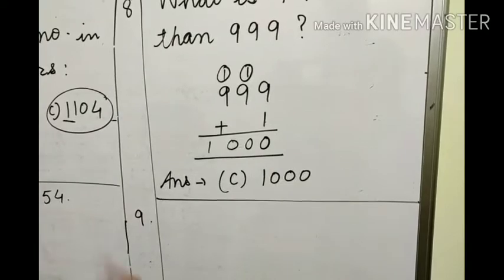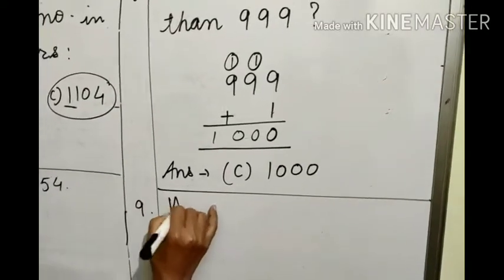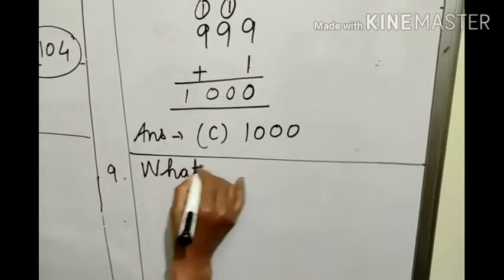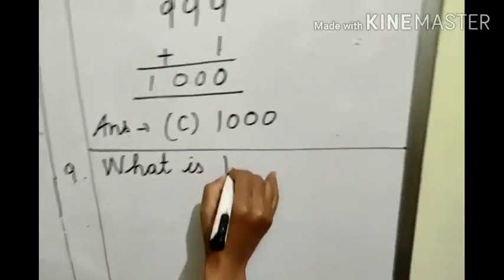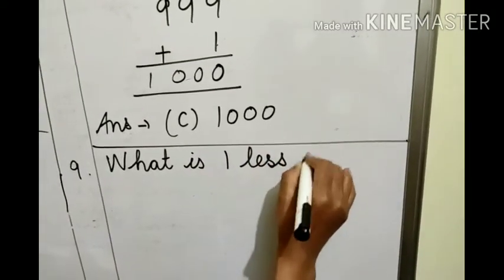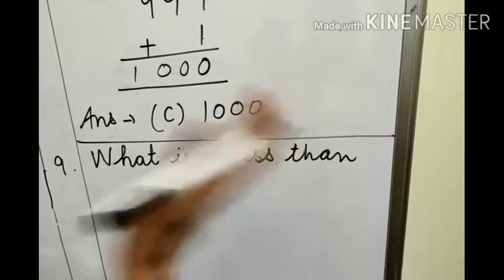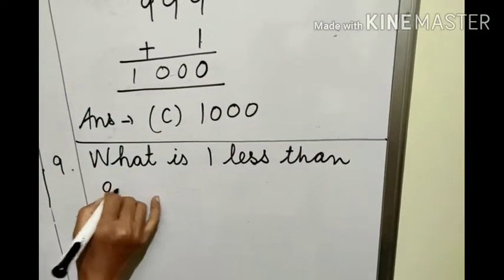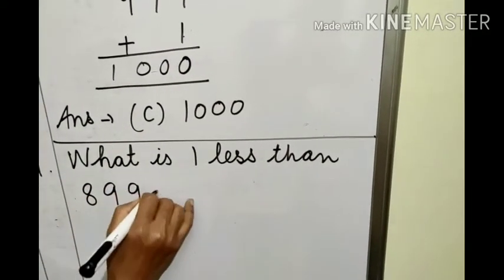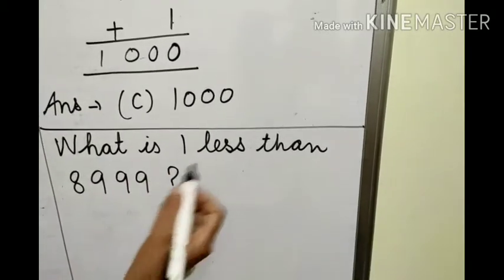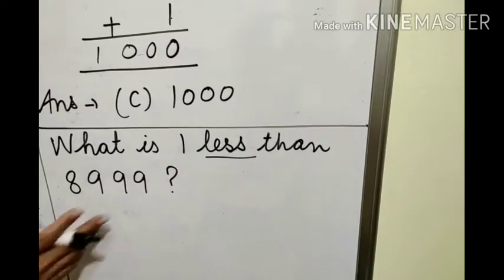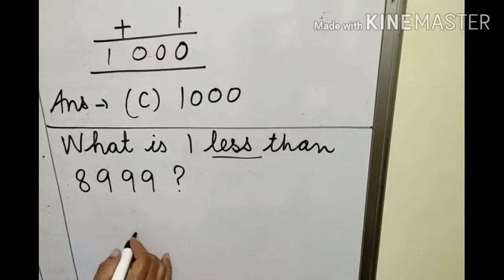Now question number 9. What is 1 less than 8999? To find 1 less than, we will subtract 1 from the given number.